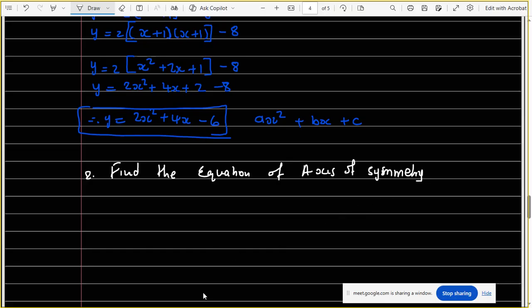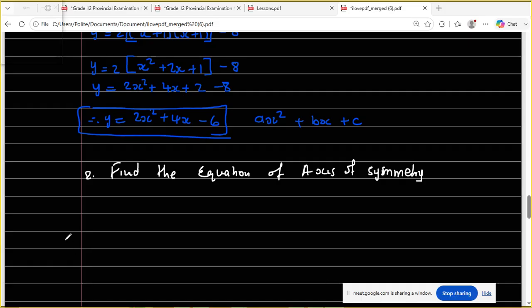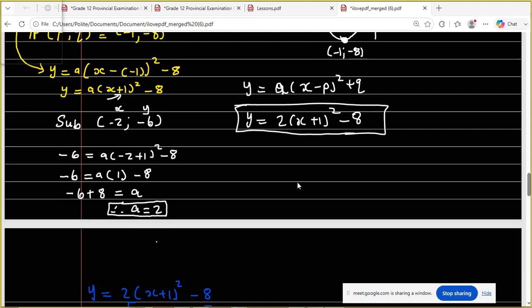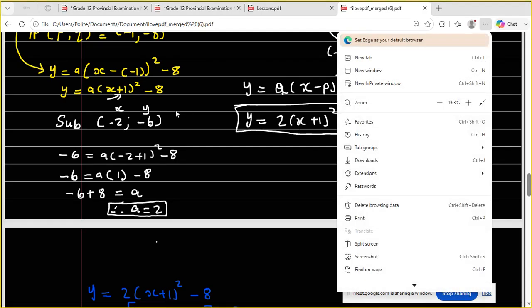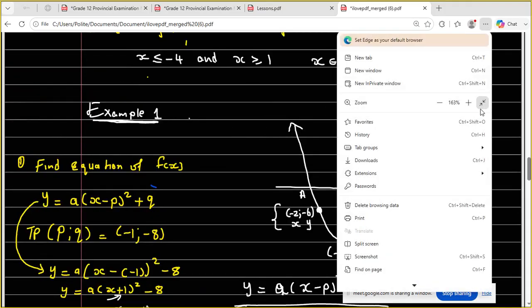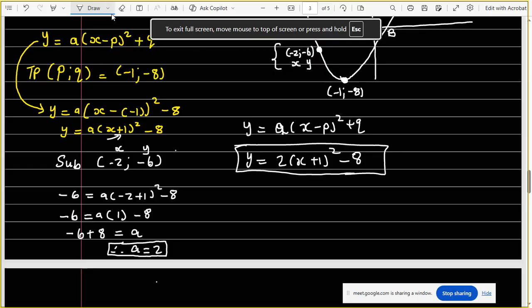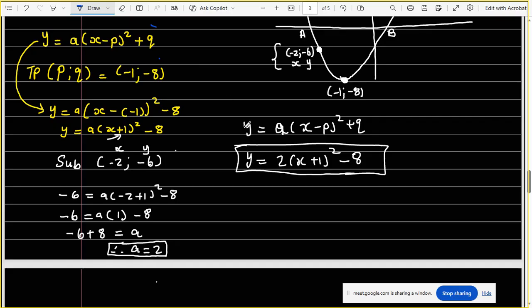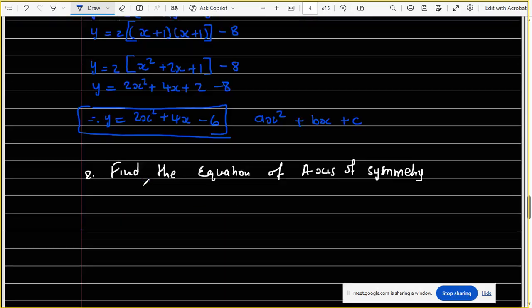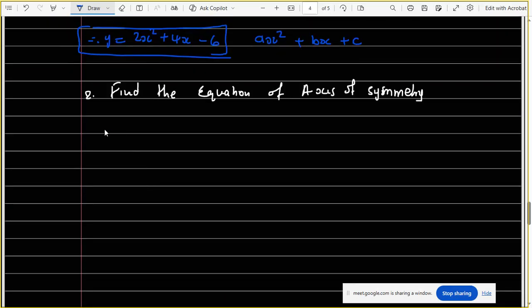You go to your turning point form, take whatever you have inside the bracket, equate that to 0 and solve for x. That's your equation of symmetry. You take x plus 1, equate it to 0, and x will be minus 1. So the equation of symmetry is x equals minus 1.